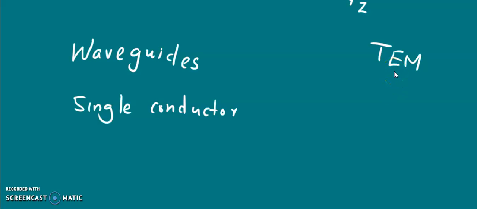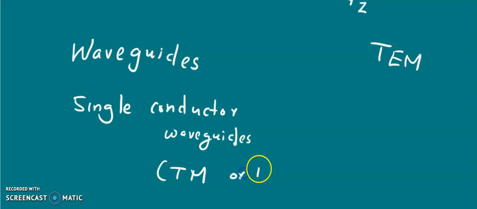So the three types of waveguides that pass transverse electromagnetic waves are parallel plate transmission line, coaxial transmission line, and two-wire transmission line. But single conductor waveguides cannot pass transverse electromagnetic waves through them. So they can only propagate TM mode or TE mode through them.